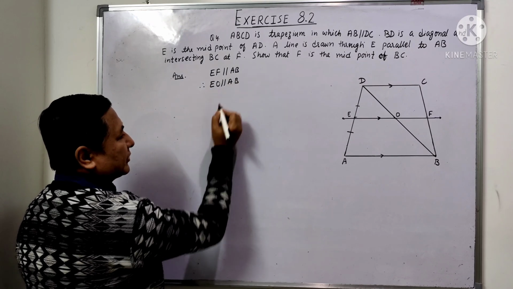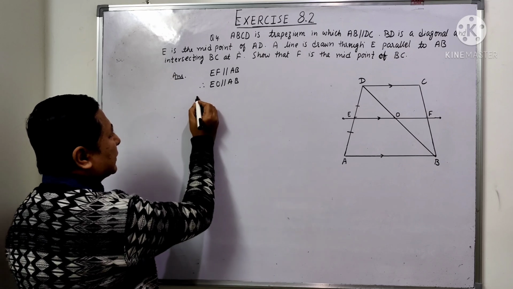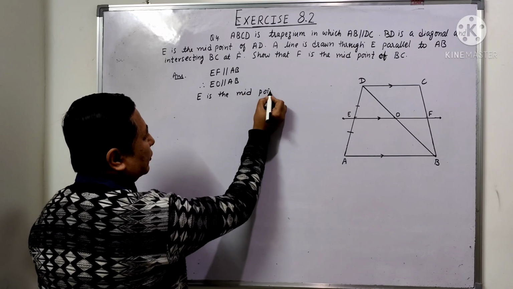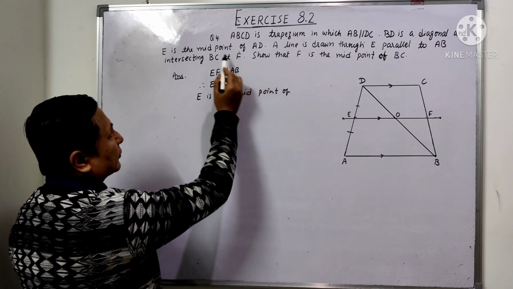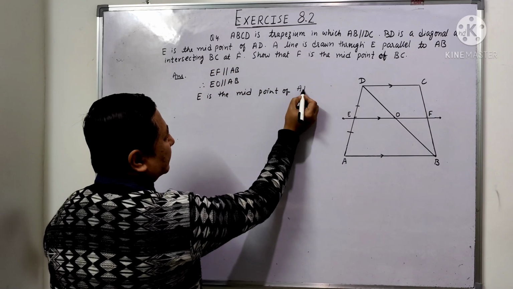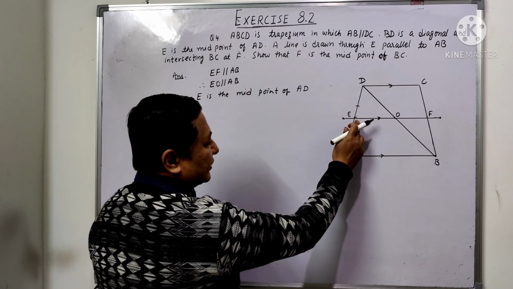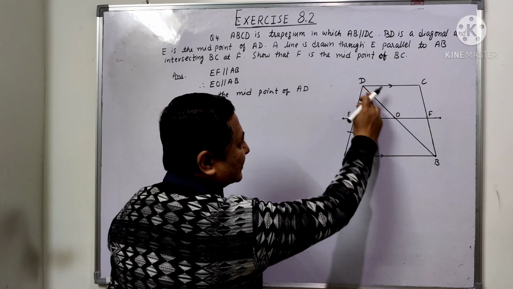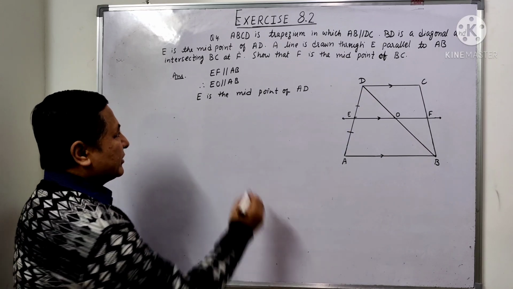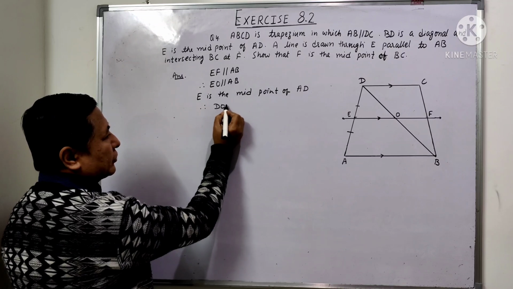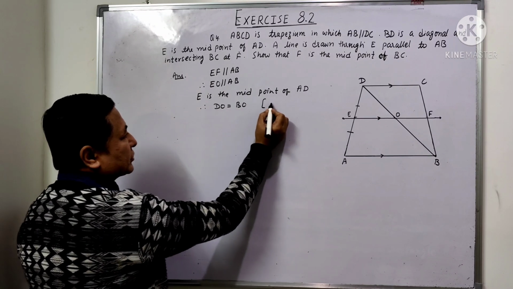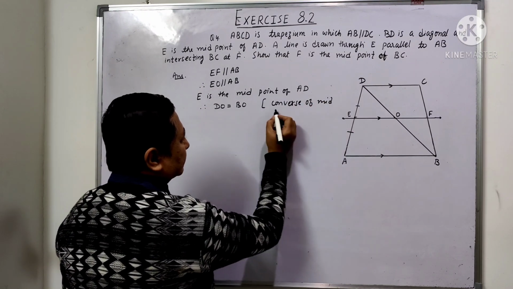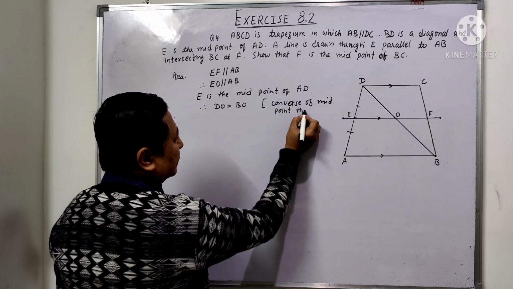And in the question it is given that E is the midpoint of AD, and this line is parallel to this line. Therefore, EO will bisect the side DB. Therefore, we can write DO is equal to BO, and this is due to converse of midpoint theorem.